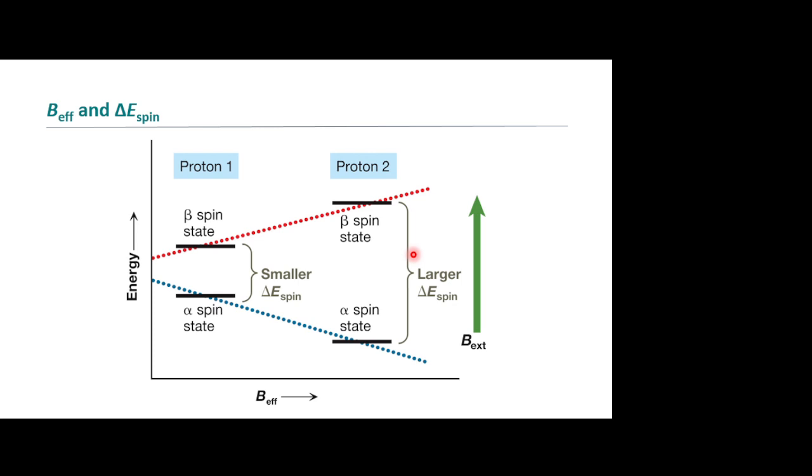If you have a Faraday cage, everybody know what a Faraday cage is? Remember that cage I was talking about where you can take copper wire and put it around, it blocks RF signals? Okay, so if you have something like that, a cage, quote unquote, something like a conjugated system, like we saw with the aromatic system before, right? Then you can block part of that magnetic field, and you get a smaller effective magnetic field.